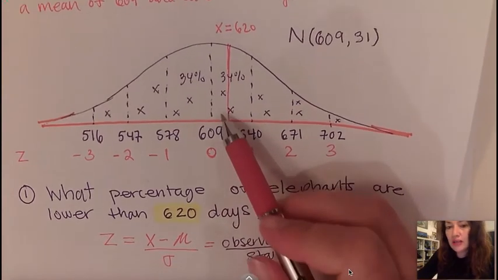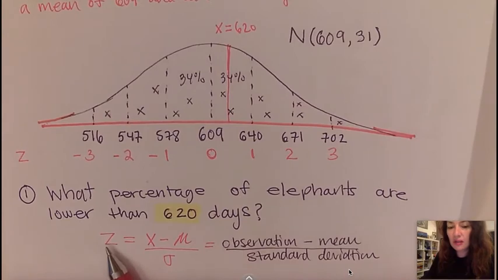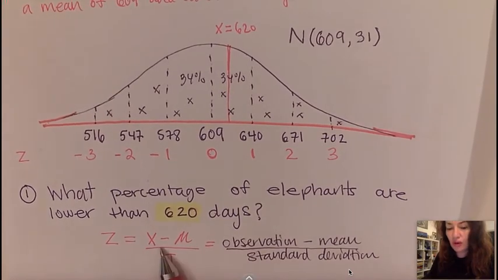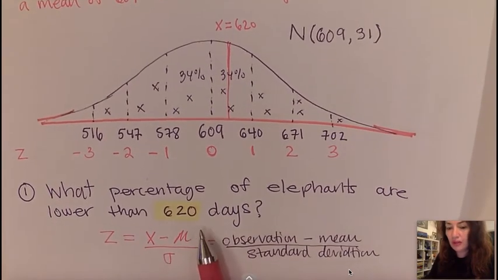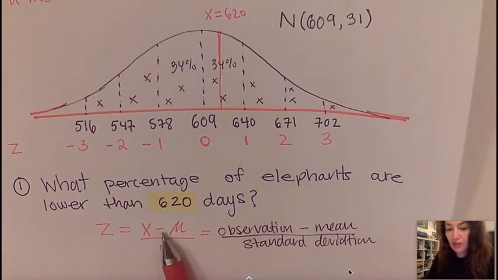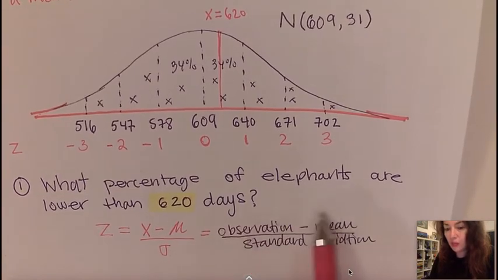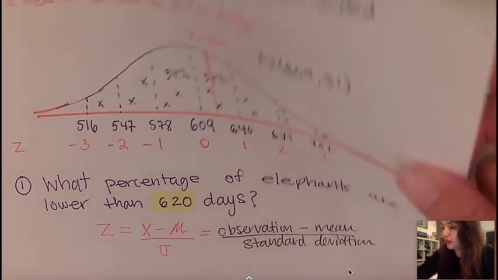So if I wanted to calculate a z-score for this, I can easily find the z-score using our z-score formula, which from the last video I showed you was the observation minus the mean over the standard deviation, or you can write it in words. Let's see what our z-score is.